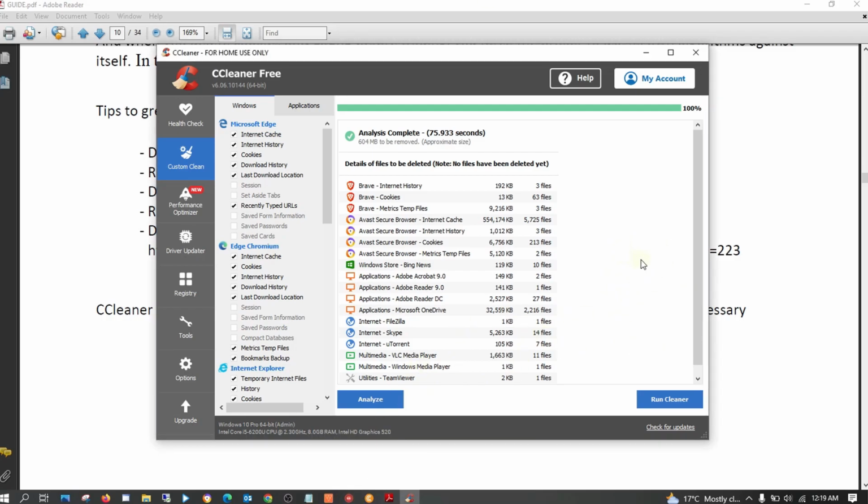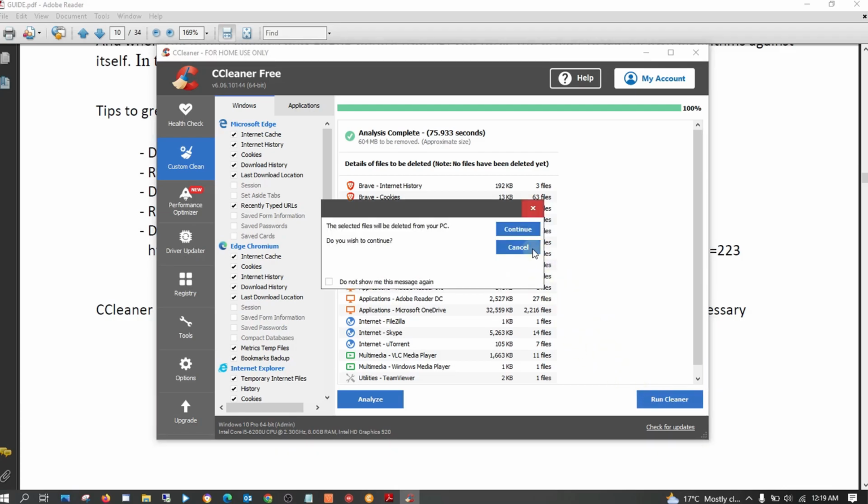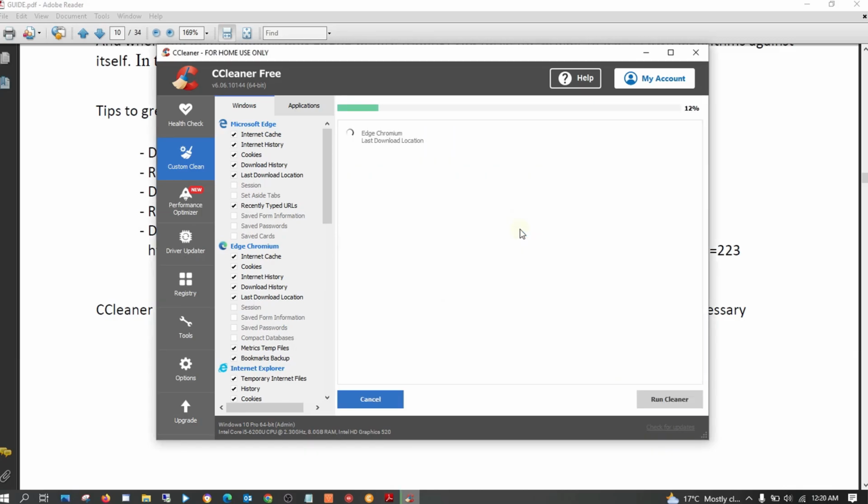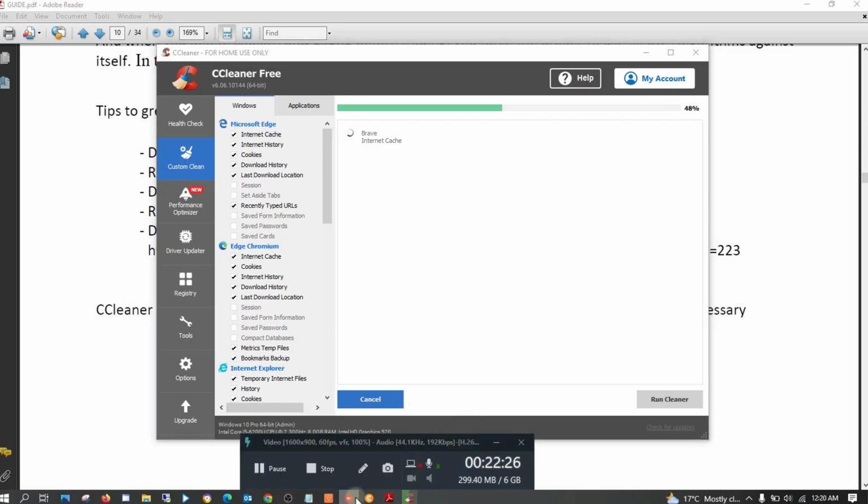Yes, after you click analyze, it will analyze everything here, and then you run the CCleaner. You just click here, run the CCleaner, and then you continue. It will delete everything on your browser so that your browser is clean, track free.